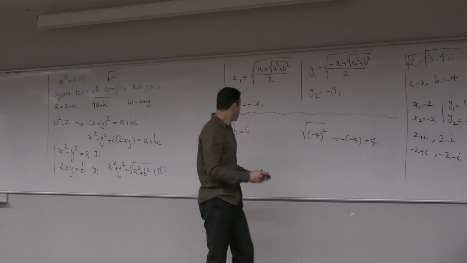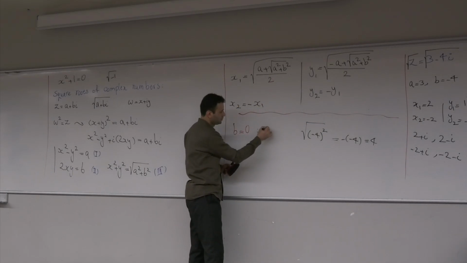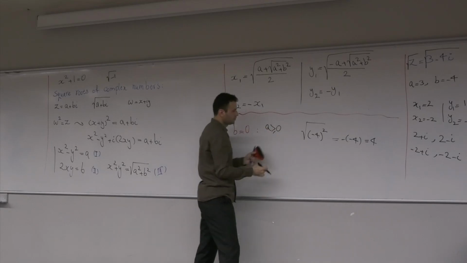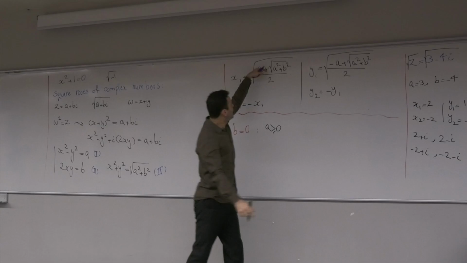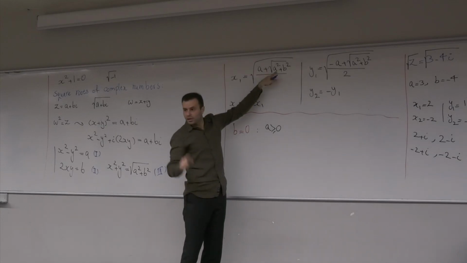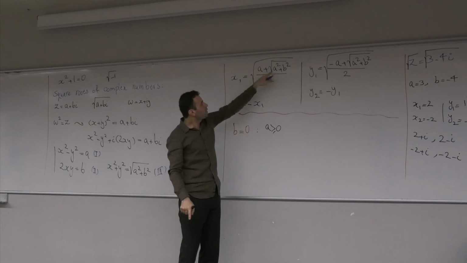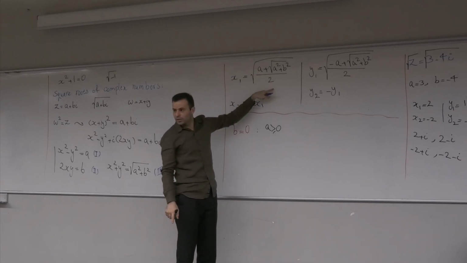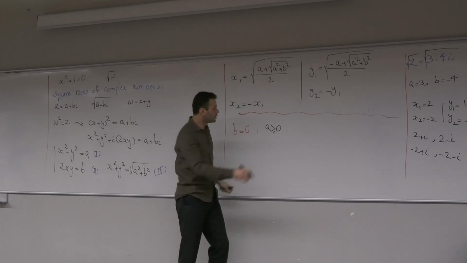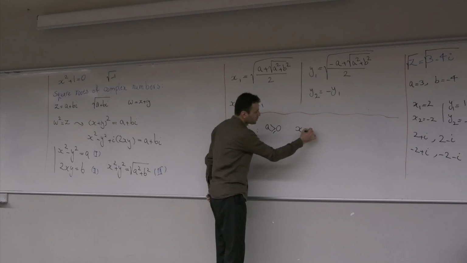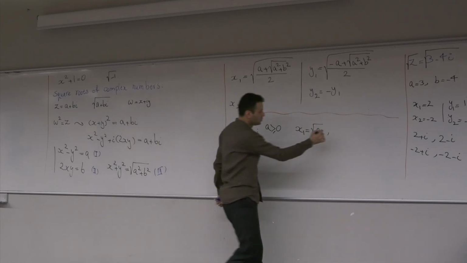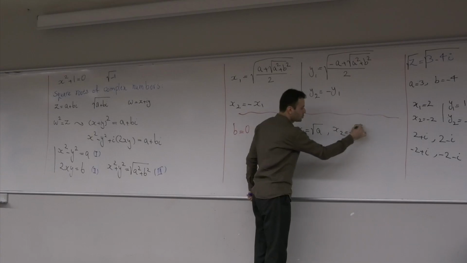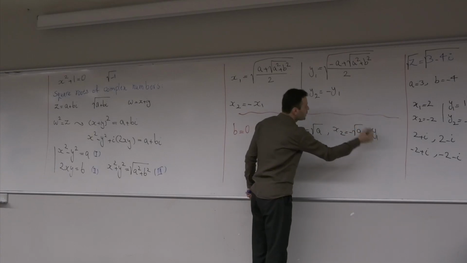If a is positive, what will happen? Then we have the square root of a squared equal to a itself. a plus a, 2a, divided by 2, and the square root of a. So what is our x1? Square root of a. What is our x2? Minus the square root of a. What are our y1 and y2?